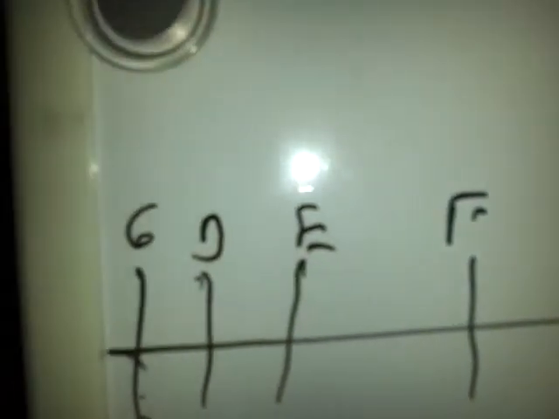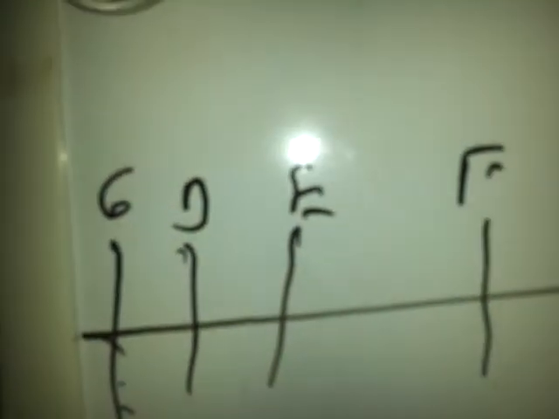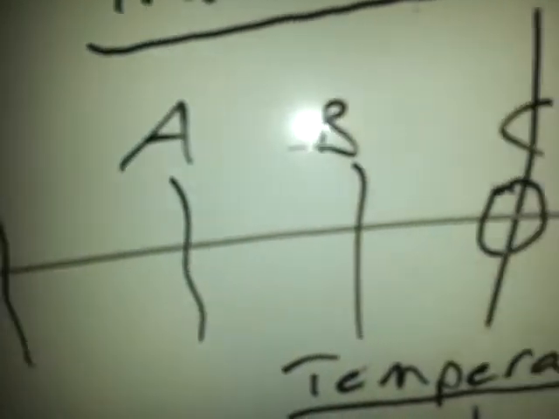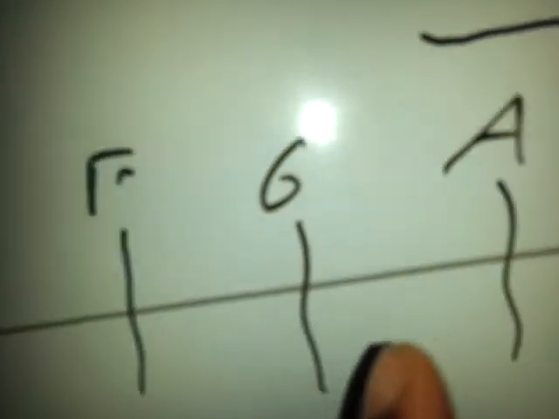So whether you're talking about low C or high C, whether you go one octave up or one octave down, you're going to have the same notes on either end of the scale. So you have on this end C, D, E, F, G, A, B. On this end of the scale you have the same notes.